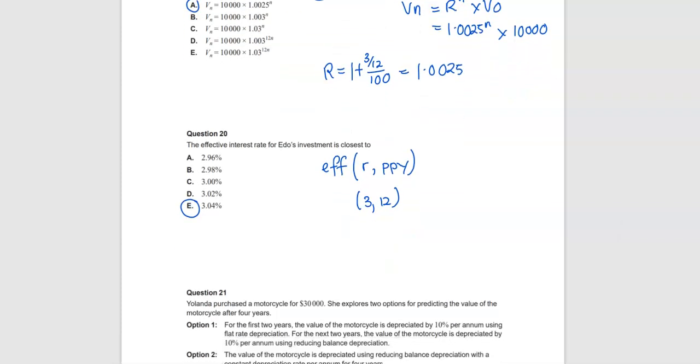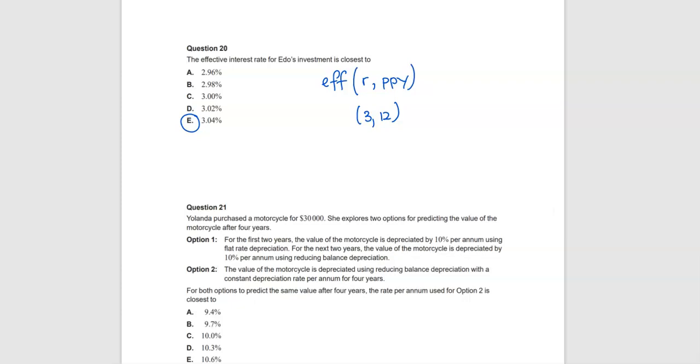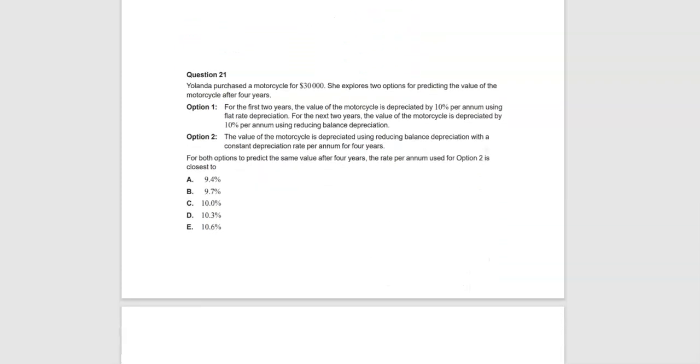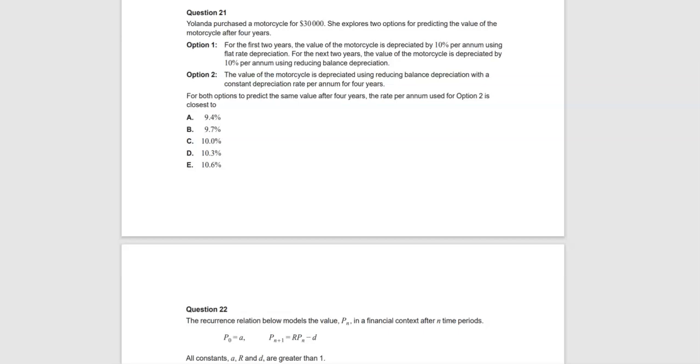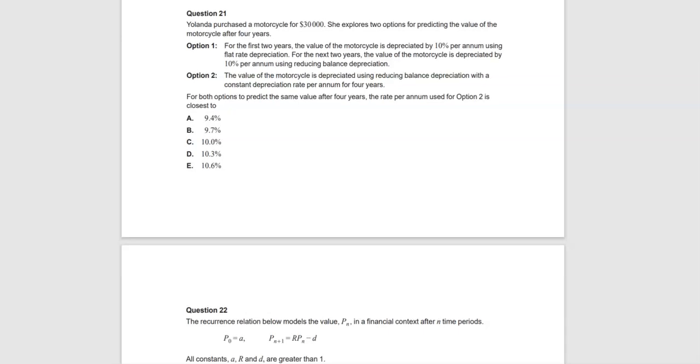Just remember that's how you type that effective, but this is probably a little bit more of the question I wanted to do. So Yolanda purchased a motorcycle for 30,000. She explores 2 options for predicting the value of the motorcycle after 4 years. So option 1, the first 2 years, the motorcycle depreciates 10% using flat rate.